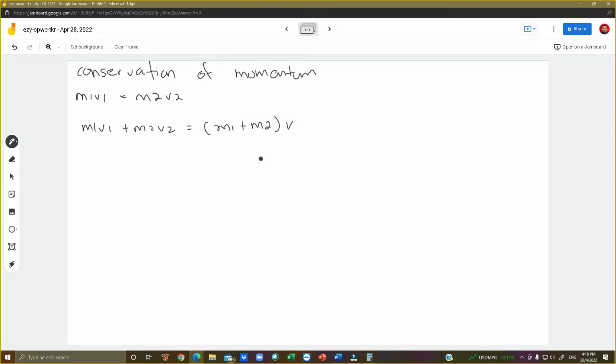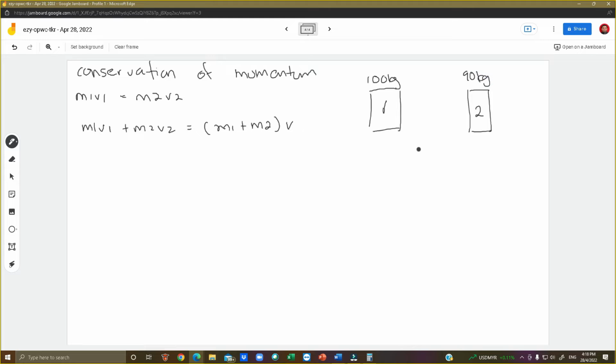Okay, so the first problem is about this. Let's say we have two people, person number 1 and person number 2. The first person is 100 kg in mass. The second person is 90 kg in mass.